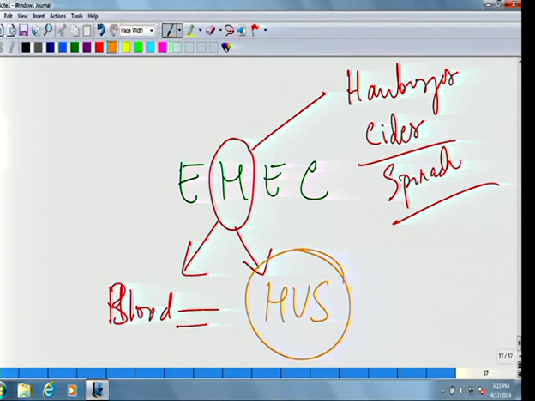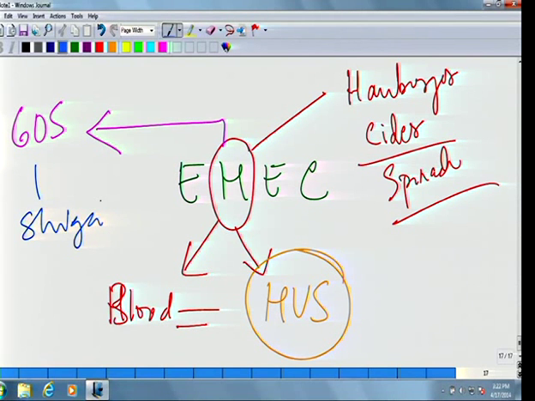So you see EHEC, hemorrhage, hemolytic uremic syndrome because of thrombocytopenia and anemia, destruction of RBCs, due to the toxin that is produced. What's the action? This resembles the Shiga-like toxin, 60S ribosome. Because of the inhibition of protein synthesis, that is partly responsible for destruction of the RBCs.